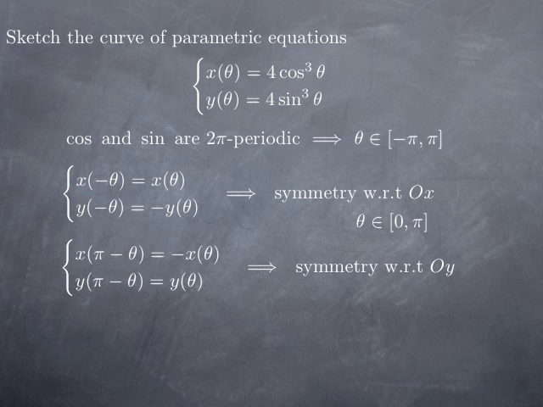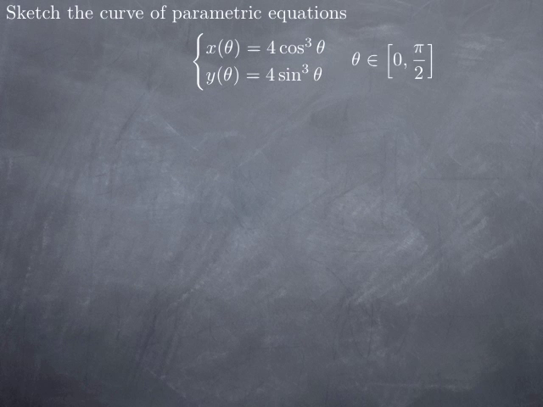And because we have this symmetry, we don't need to study the curve on the entire interval 0 to pi, but only on half of it, on the interval 0 to pi over 2, and we get the other half using that symmetry. So we can restrict ourselves to theta in the interval 0 to pi over 2, and we'll get just a piece of the curve, and then we'll draw out the rest of the curve by using the fact that we have two symmetries, one with respect to the x-axis and one with respect to the y-axis.